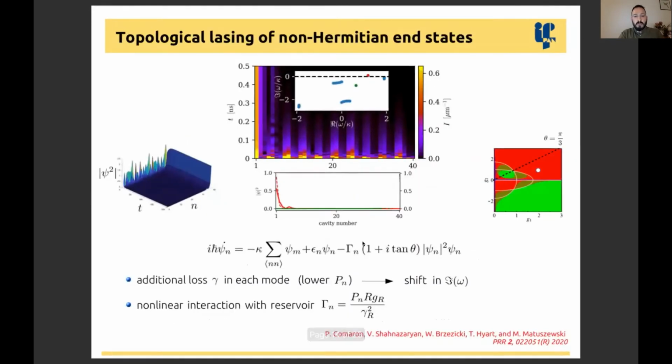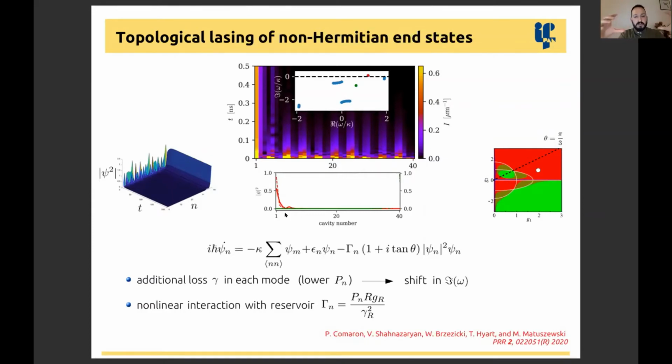Is it possible to also demonstrate topological lasing? Of course. Let's say we found a set of parameters in the G1, G2 plane such that we have the edge state which has the highest imaginary value of the energy. Then we just need to apply a shift in this imaginary plane by adding some losses, such that we end up in a situation where this is the only positive value within all the different eigenvalues of the spectrum.